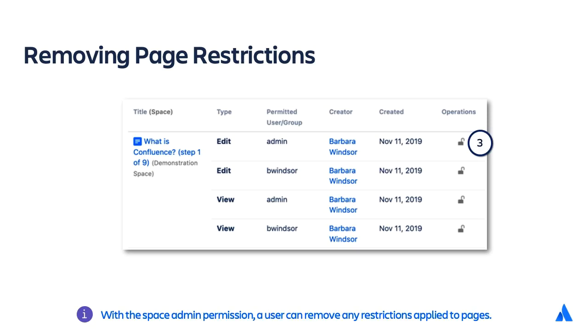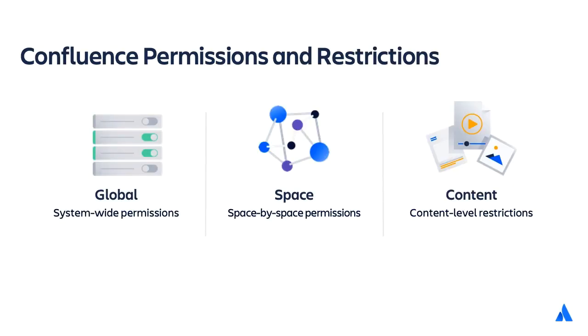They can click the lock that you see on the right hand of the image. All page restrictions will be removed, and the user now has full access to the page. The takeaway here is that it's quite difficult to stop users with any level of administrative global permission from accessing any content in Confluence, regardless of space permissions or content restrictions.